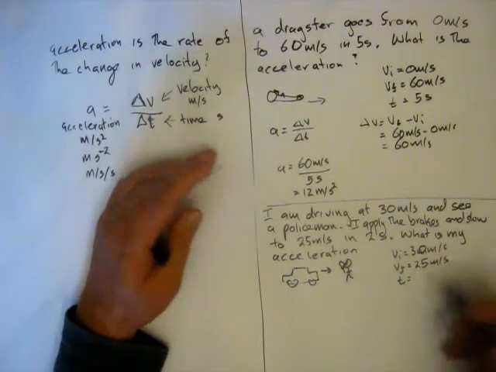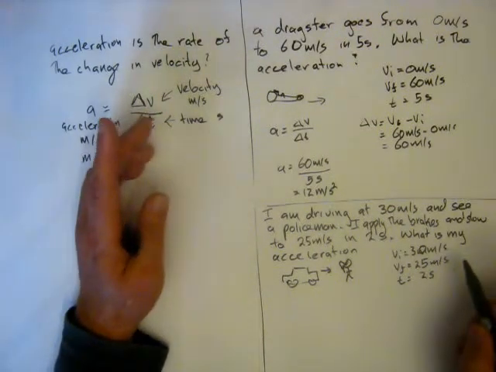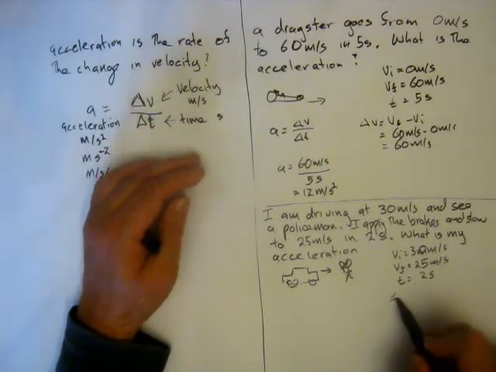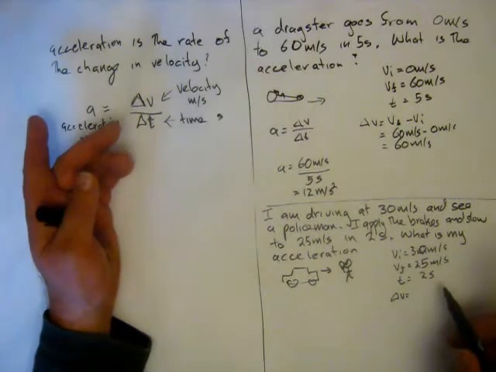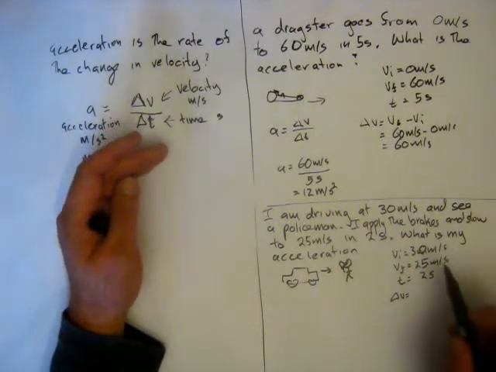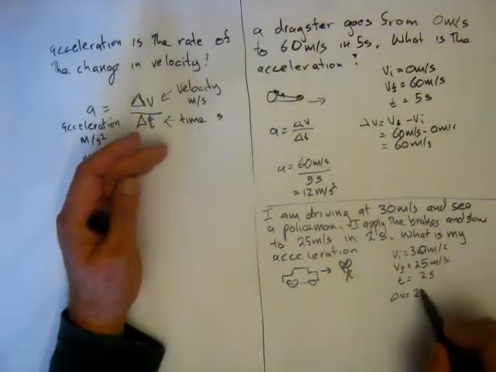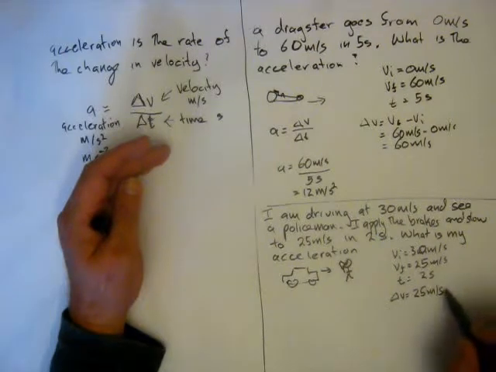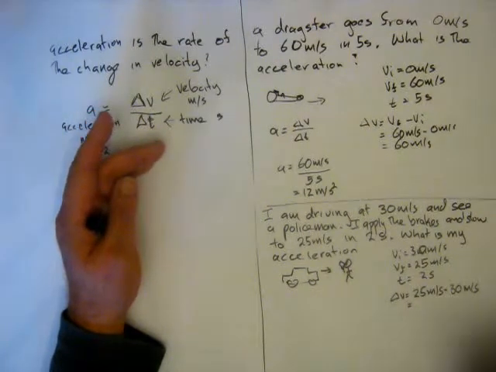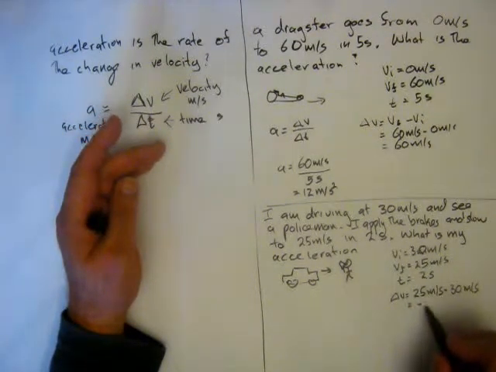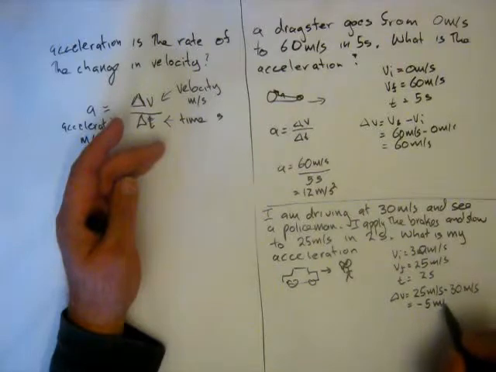T equals 2 seconds. Okay, and now change in velocity equals Vf minus Vi. Vf is 25 meters per second. Vi is 30 meters per second. That means my change in velocity is negative 5 meters per second.